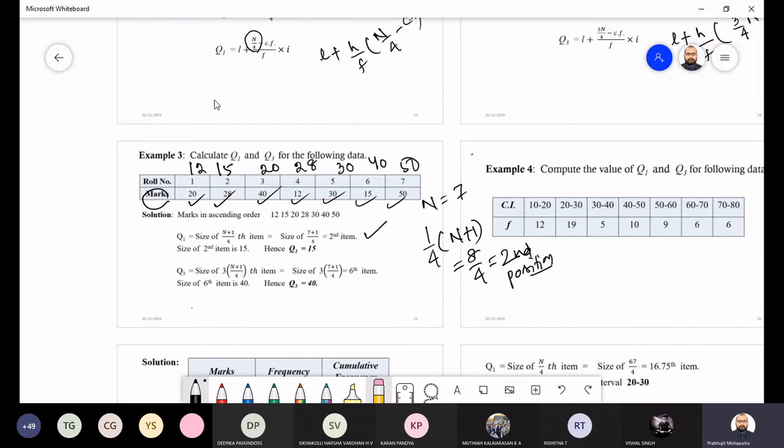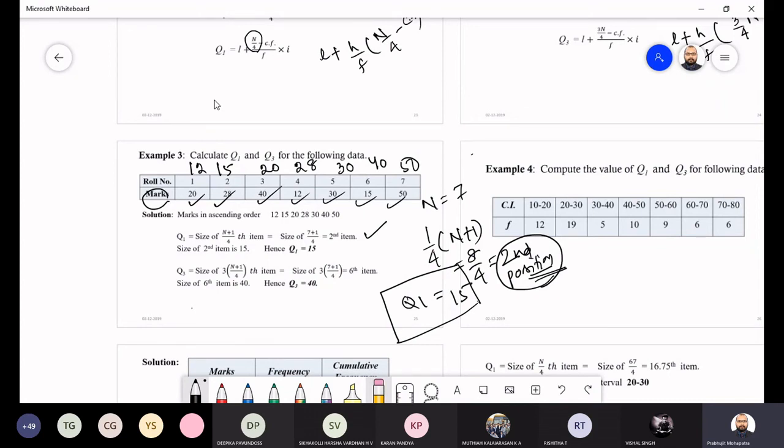So this is not Q1, this is just the second position. Many students used to write Q1 equal to 2. No, 2 is not Q1. 2 is the second position. Q1 value is 15. Getting another? Almost more than 50% of students make this mistake.